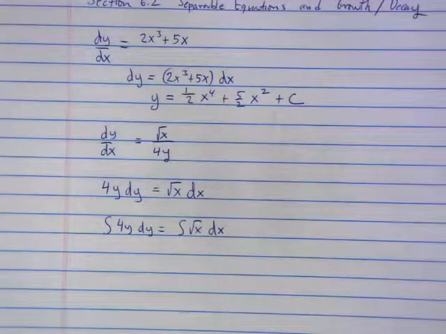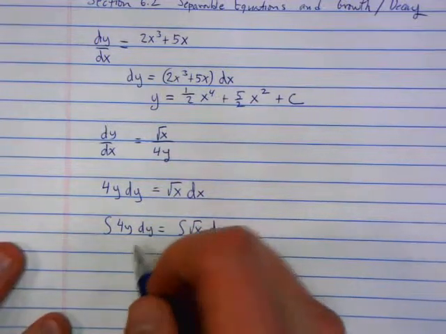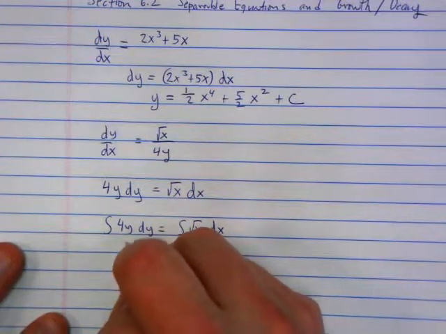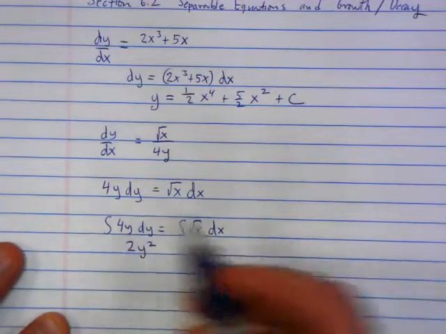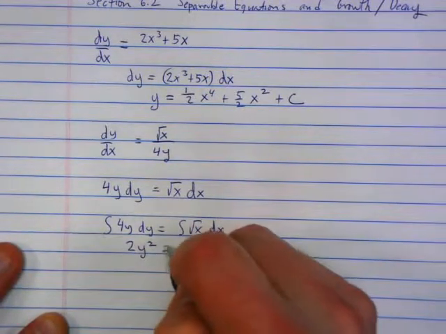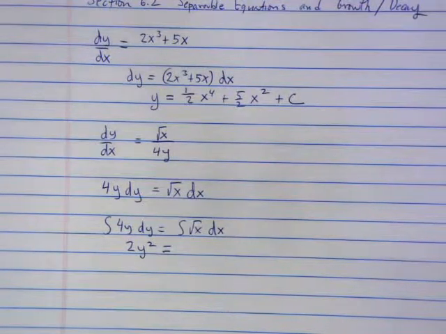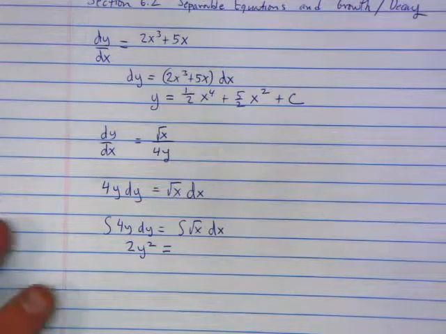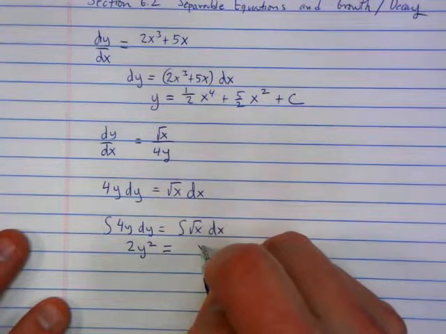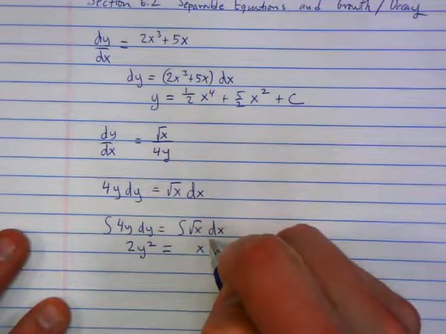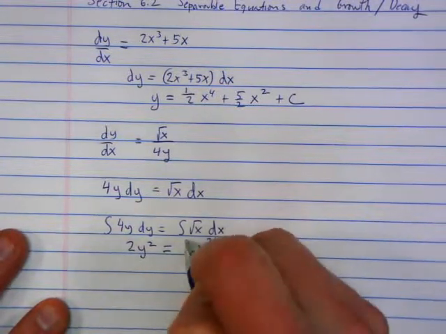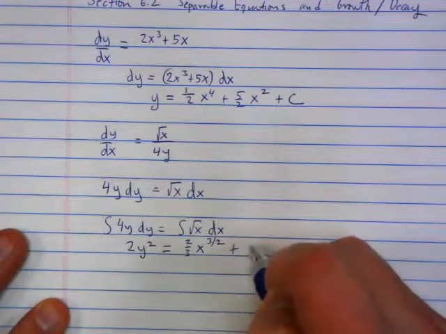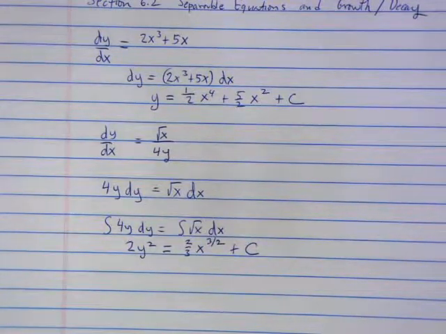What's the integral of 4y? 2y squared, because you've got the 4 in there, equals, what's the integral of x to the 1/2? Two-thirds x to the 3/2 plus c.